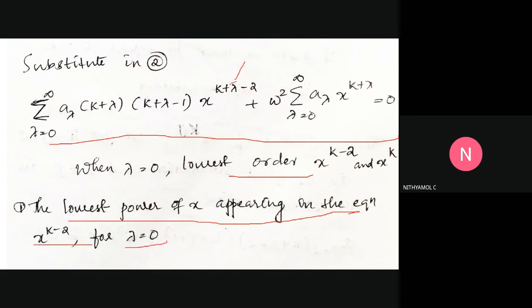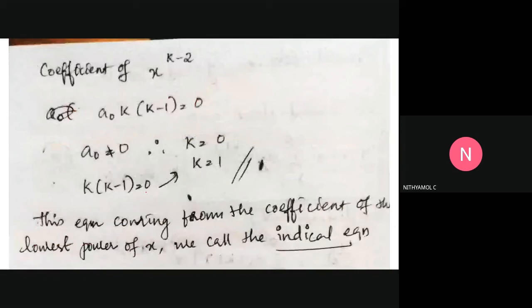We put lambda equal to 0 here and here also, giving a0. Then we equate the coefficient of x to the power k minus 2 to 0. That is, the coefficient of x to the power k minus 2 is a0 k into k minus 1 is equal to 0.